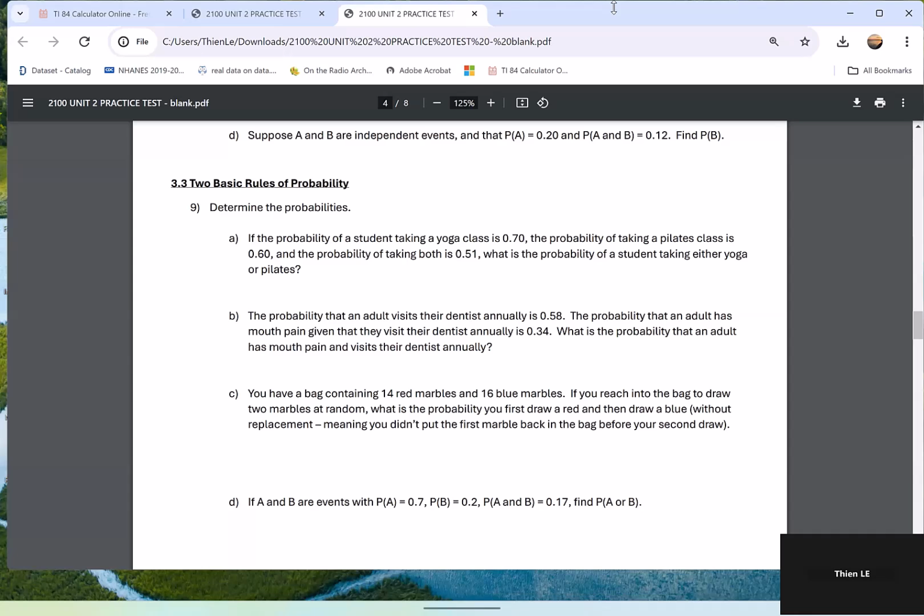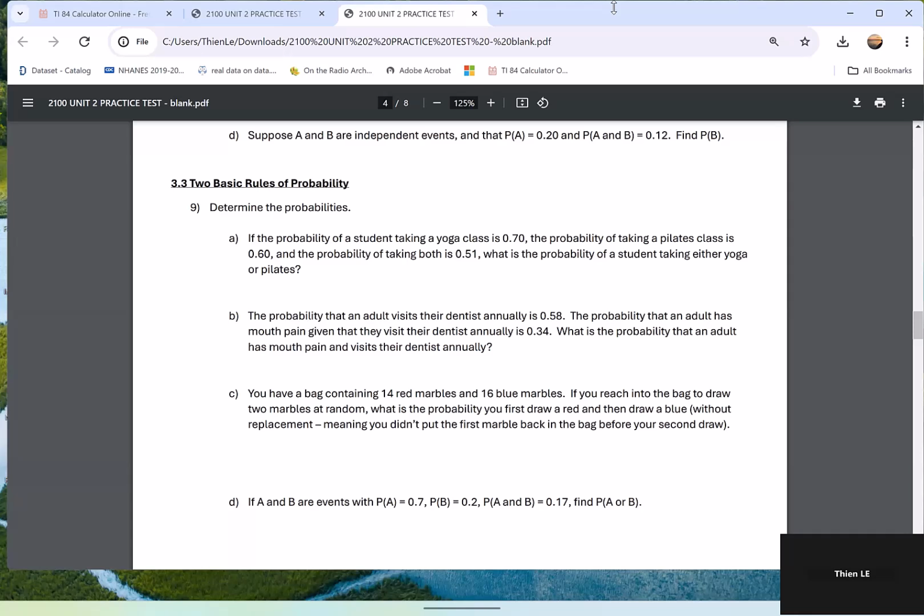So in this case, A is the event the adult visits the dentist, and B the event they get mouth pain. So P(B given A) will be the event that he or she has mouth pain, given they visit the dentist annually.